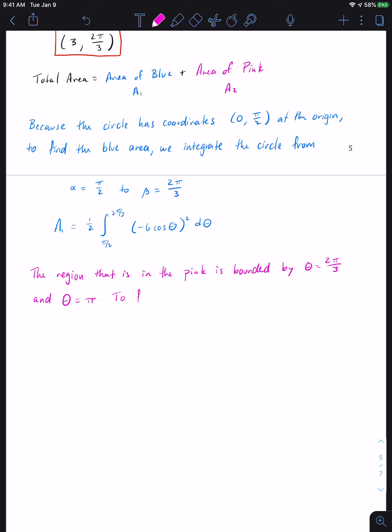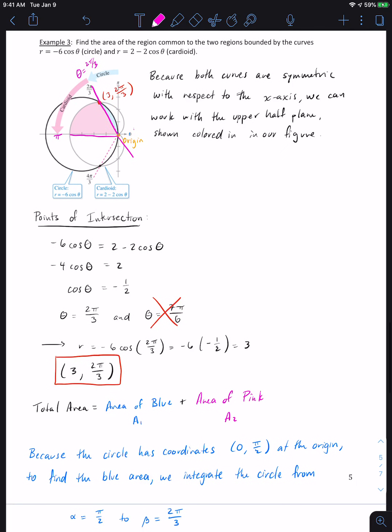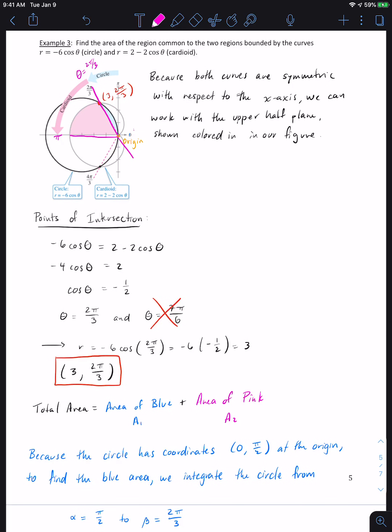So, to find the pink area, what are we going to do? We integrate. Remember, the pink area is associated with the cardioid because it's the edge of the cardioid here.